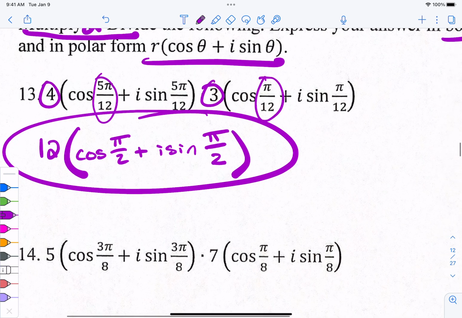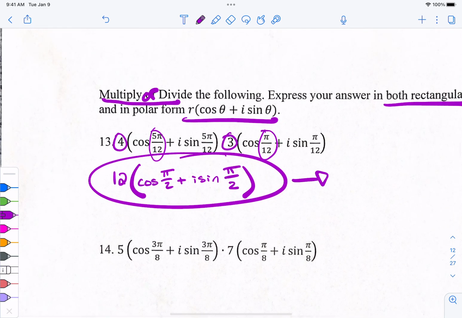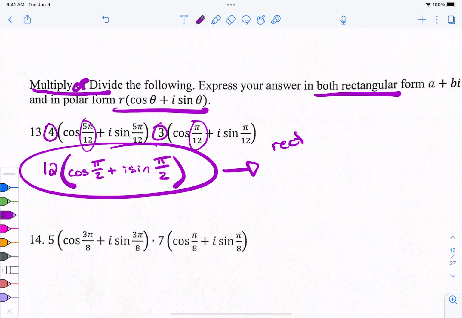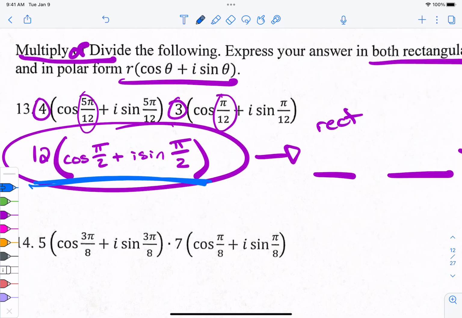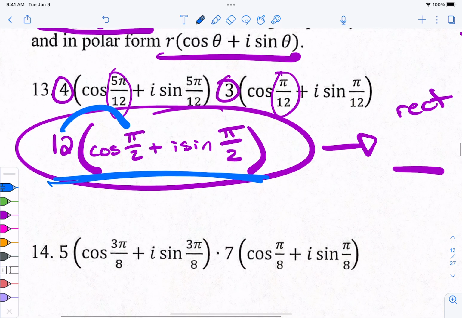That's one part of the answer. Now they want me to switch it to rectangular form. And just as a reminder, rectangular is something plus something i, or it could be minus something i. Do you have to be in radians to do this? Yes, you do. When you're going from this to rectangular form, I take 12 times cosine of pi over 2.